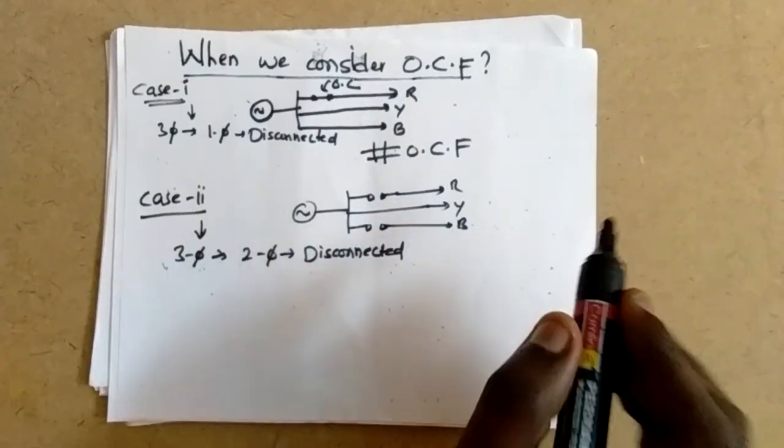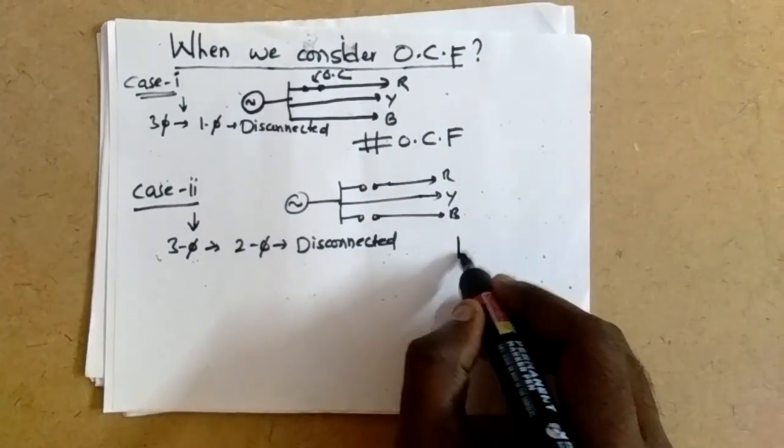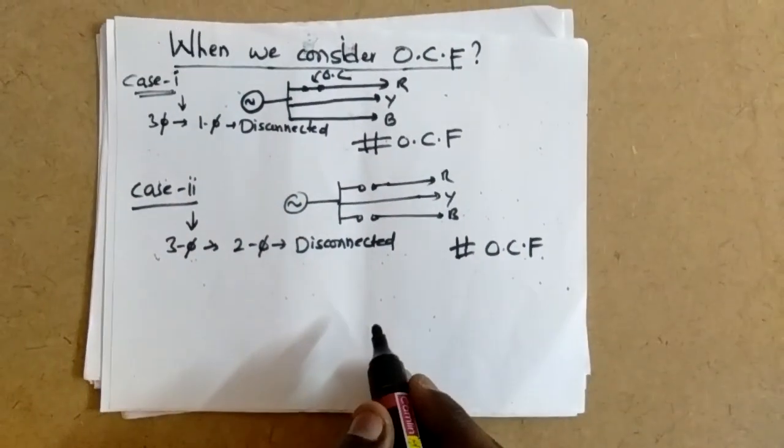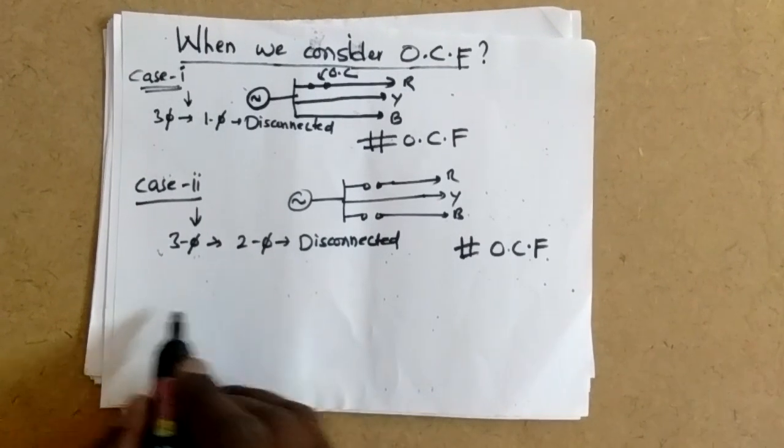Not only R and B, any two. This is also considered to be an open circuit fault. It raises the over voltages.